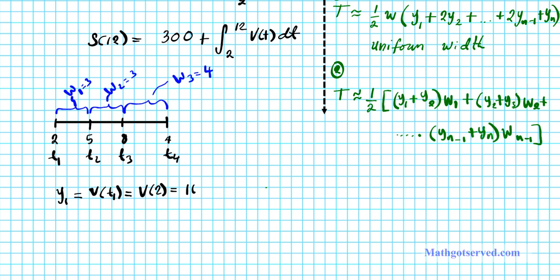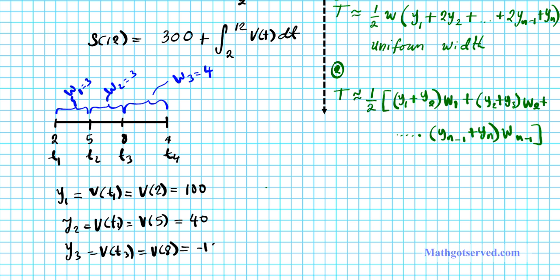And then y2, if you look at your table, same thing as v of 5, which is 40. And then y3 is what you get when you evaluate the velocity at t3. That's v of 8. V of 8 is negative 120.